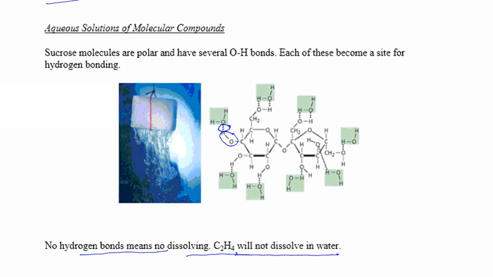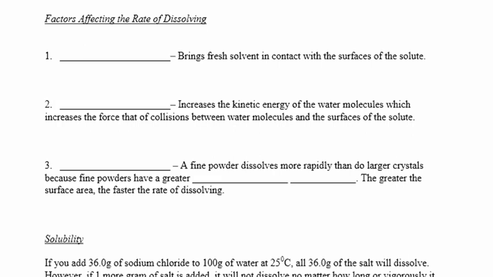So that page of the notes describes dissolving. Now, the last thing we're going to talk about are factors that affect the rate of dissolving. The first one, just imagine if you have made Kool-Aid or coffee, what are the ways you can get the solute to dissolve faster?